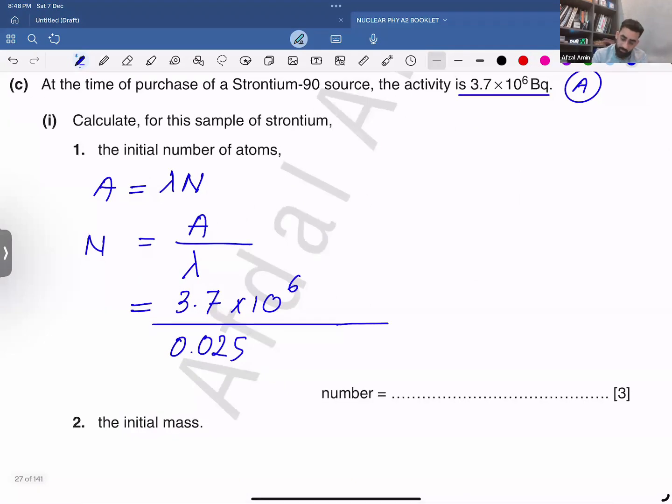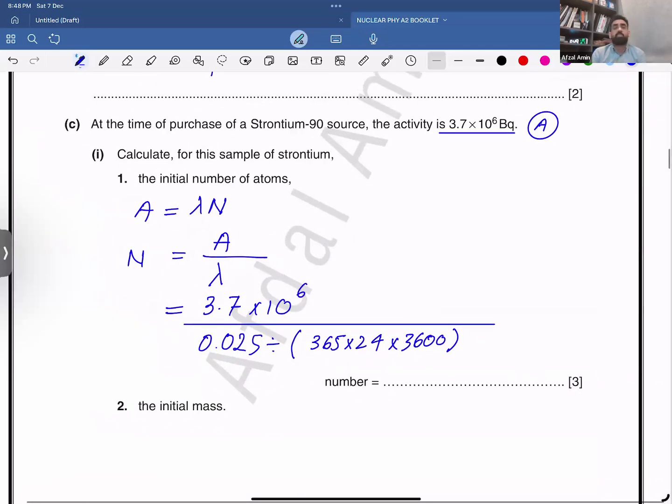So you will not multiply, you will divide by 365, 24, 3,600. Please keep in mind, if you go from year to second, then you multiply by 365 and this. But you want to go from per year to per second for the sake of becquerel. It's good to think about this conversion.